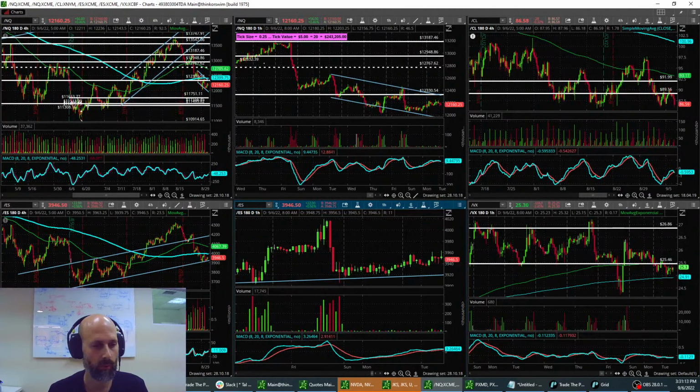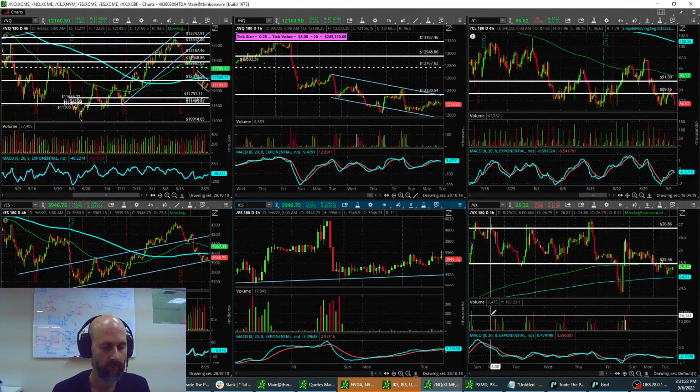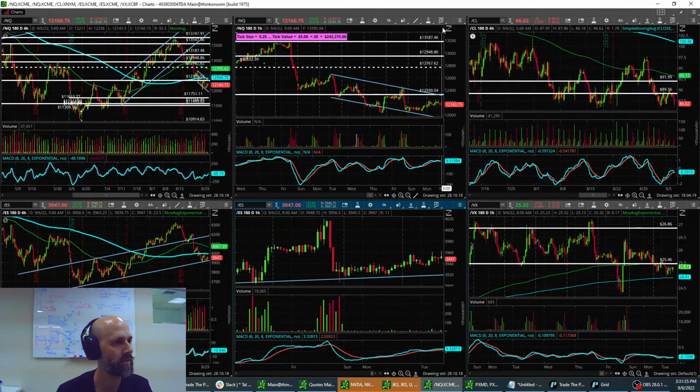Before I find the right stocks to trade, I want to understand the direction of the market for a specific day. Obviously, since we are day traders, it could go up and then turn to the downside and so on, but I want to have a general perspective on the market. So I start with the NQ.